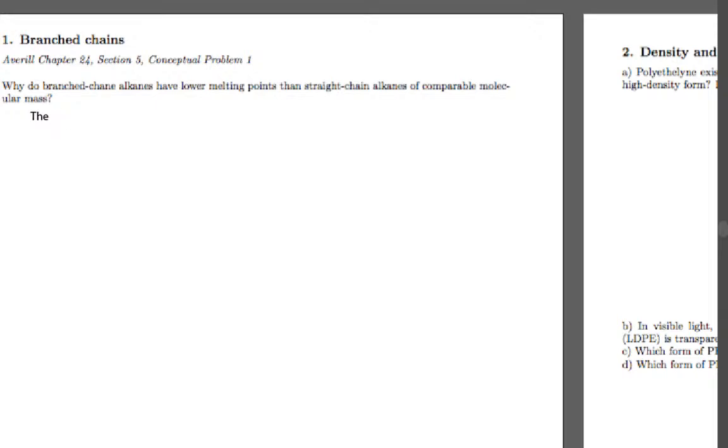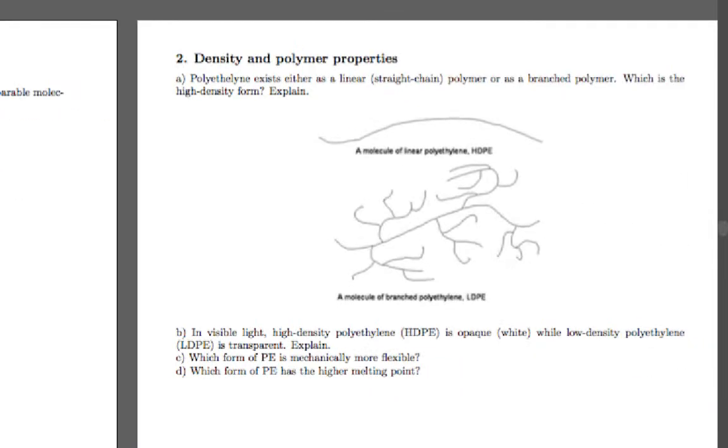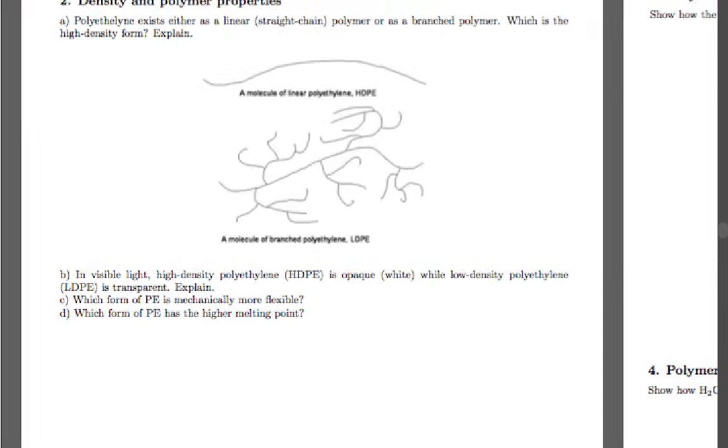Instead it just talks about how easily it packs. So the branched ones are harder to pack, which results in a lower melting point. And their neighbors are actually much fewer. So, let's just do number 2.